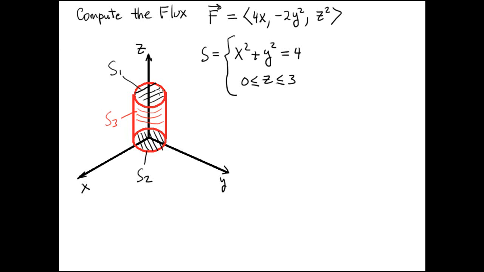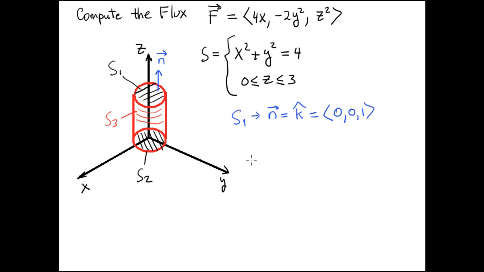Okay, and the surface number 1, I can see the unit normal vector is k, the vector 0, 0, 1.